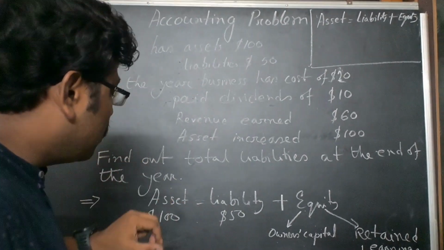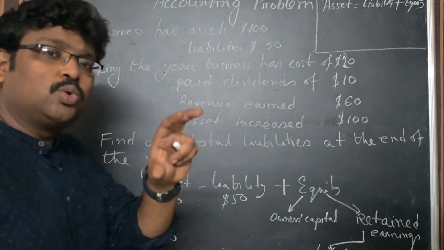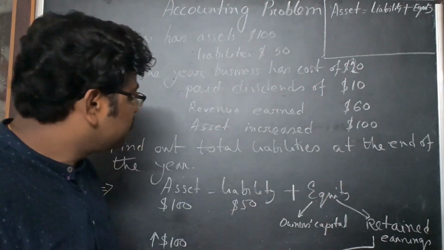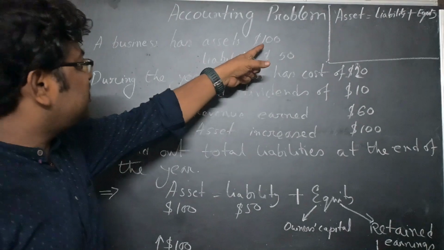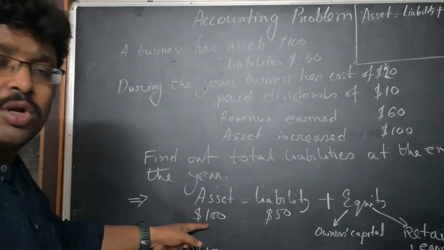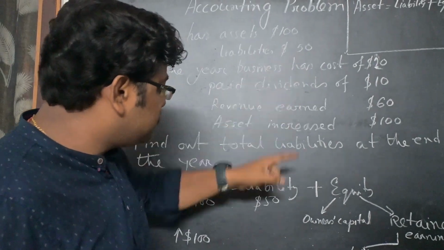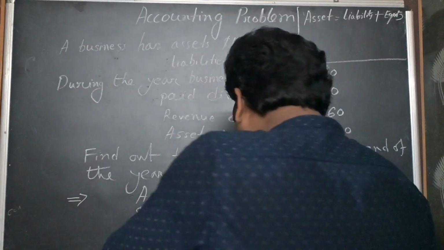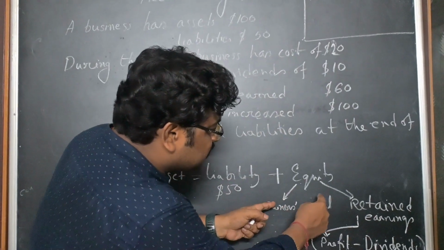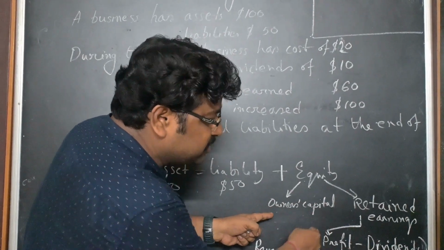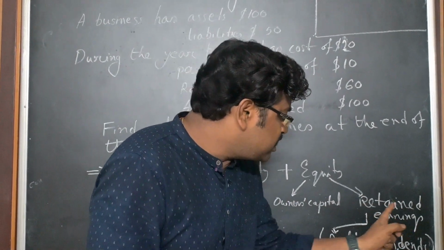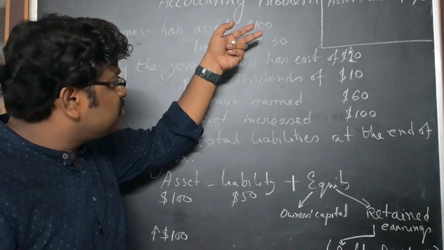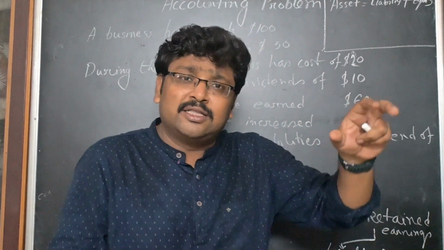As we know, the accounting equation is assets equal liability plus equity. In the beginning the asset is $100, so I put $100 here, and liability is $50. During the period the equity can be divided into two parts, owner's capital and retained earnings, and there is no change in owner's capital, as mentioned in the example; it is constant over the period.